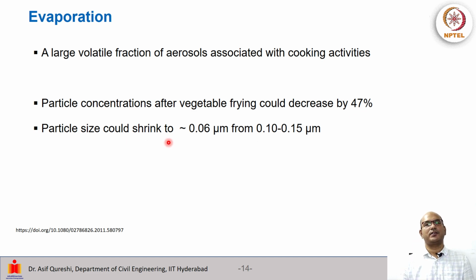For example, it can shrink to 0.06 from 0.1 to 0.15. So for the 0.1 to 0.5, the number concentration of these particles will decrease because now the vapor part has vaporized and the particle size is decreased. So these particle concentrations will decrease and these particle concentrations will increase.